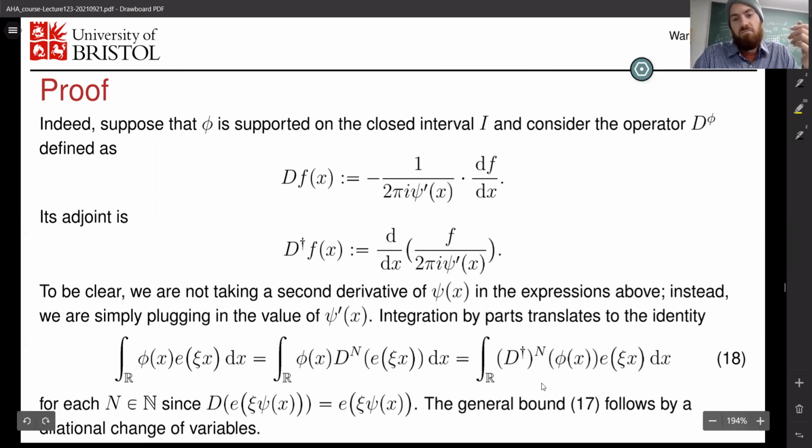So you just start calculating derivatives of phi, but the derivatives are being multiplied by psi prime of x, and that is always bigger than 1. So this term is never getting too small, no matter how many times you apply this adjoint operator. And so you still get the same bound.